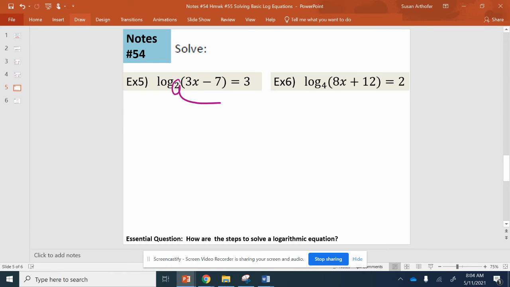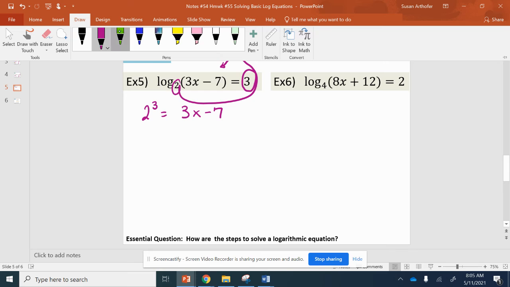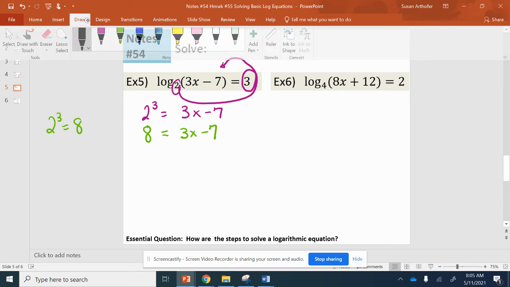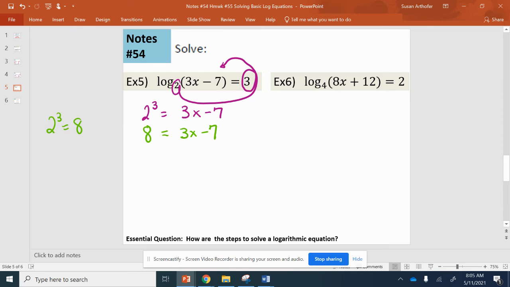Okay, first step is to loop it. 2 to the third equals 3x minus 7. The next step is to convert 2 to the third. Hopefully you have that memorized by now. 2 to the third equals 8. Remember that video, the smell of 8? Okay, we converted 2 to the third.